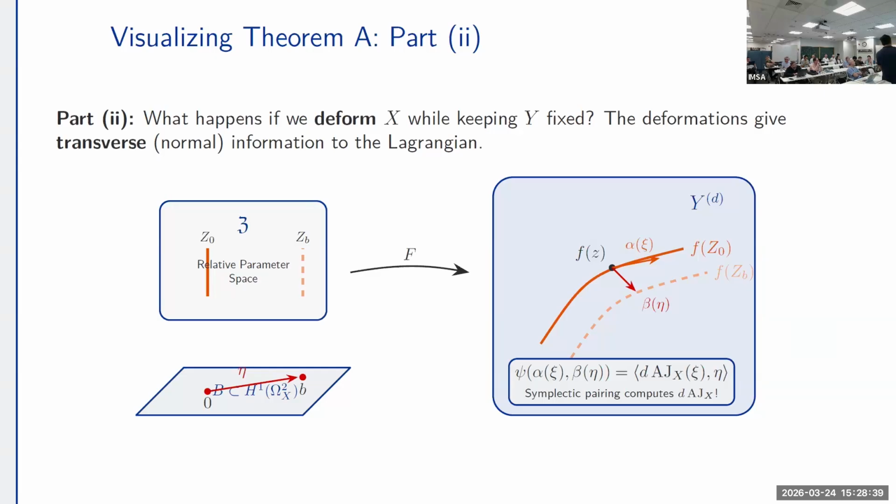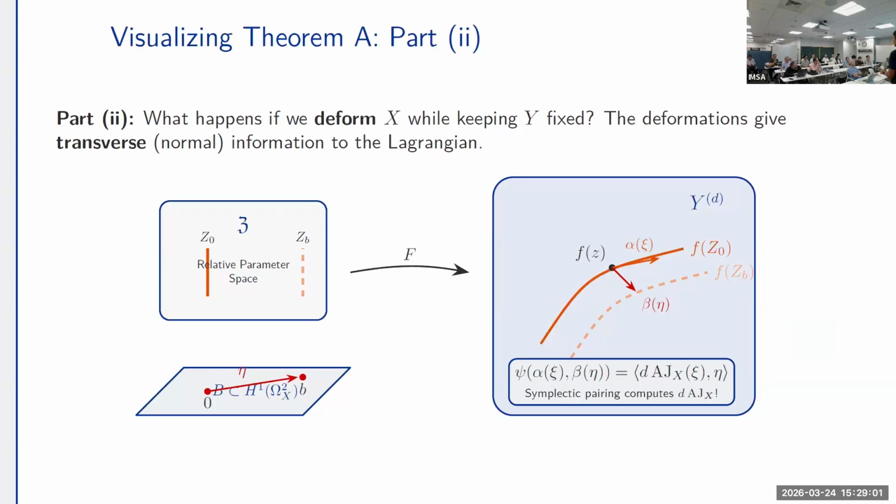So each vertical red line is parameterizing the lines inside the deformation of X, and then we can map to the fixed Y to the power D that we have. And we have something like this.